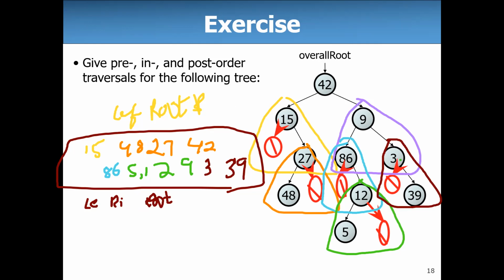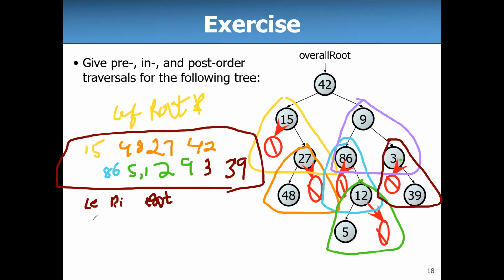Okay, so let's take a look. For post order, root comes at the end: left, right, and root. So we'll go all the way left. This is your tree, left is null, we'll go right. Right of this root, again there is another subtree where you have to apply left, right, and root.